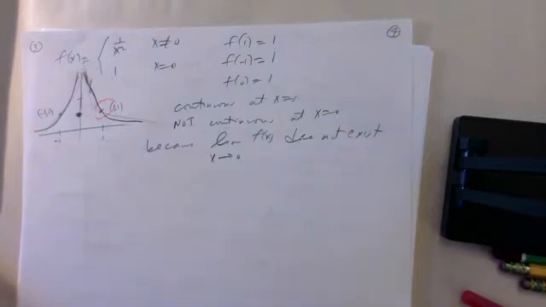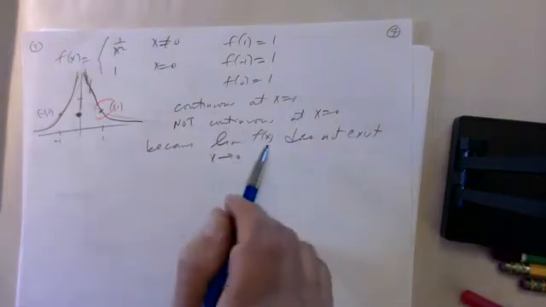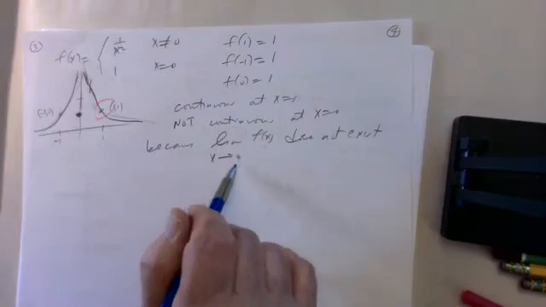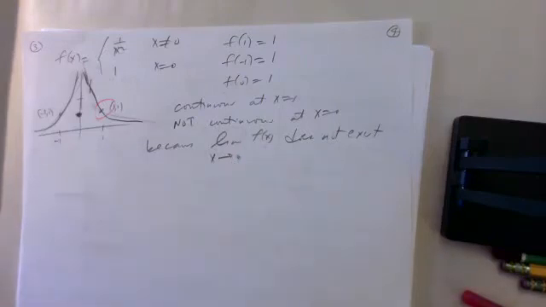One way in which a limit doesn't exist is if the function is approaching infinity as you're approaching the point. So when we say the limit is infinity, is that correct? It's correct, but that's not what you're being asked. It's a correct statement, but it doesn't answer the question.